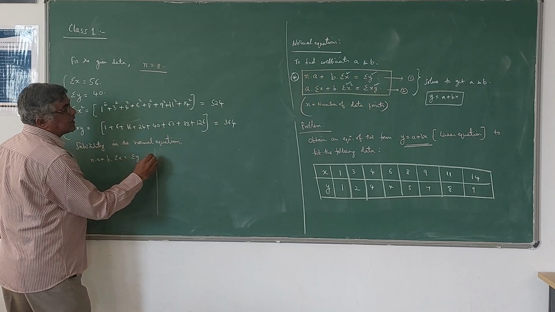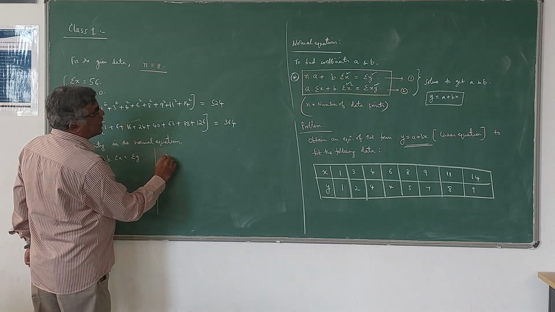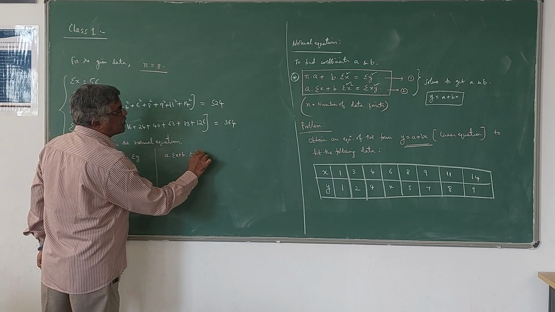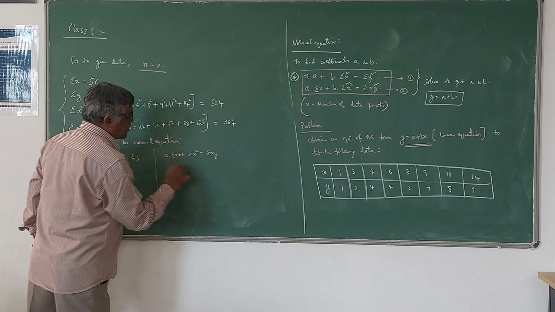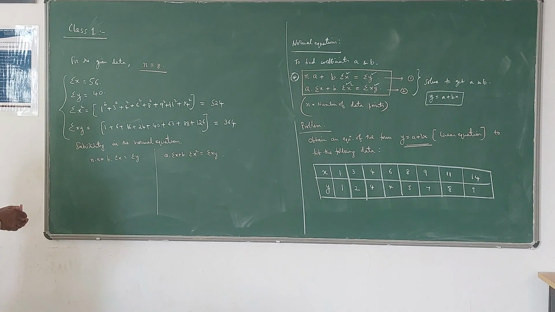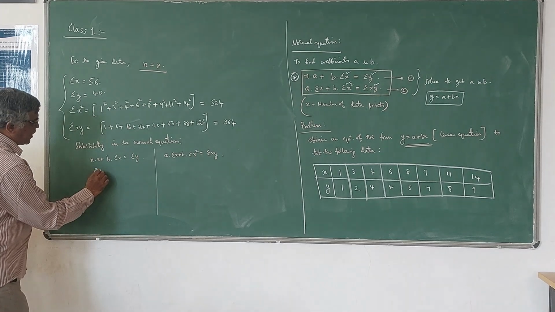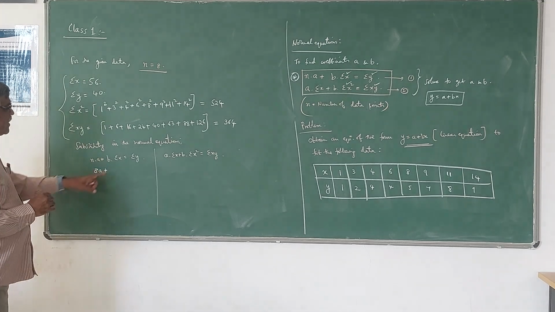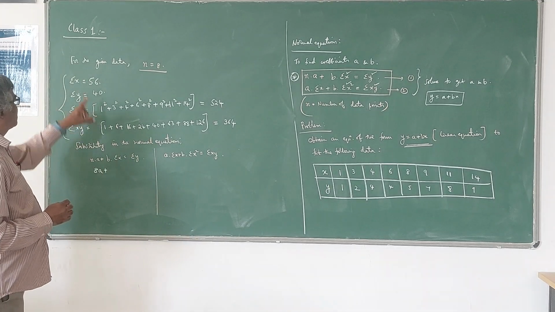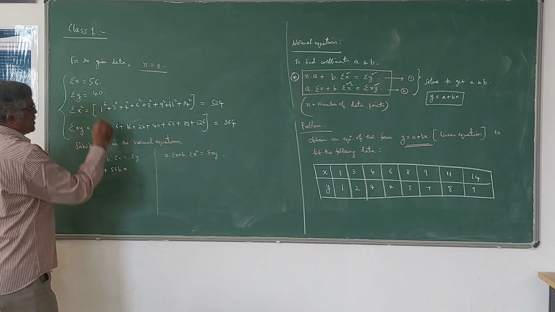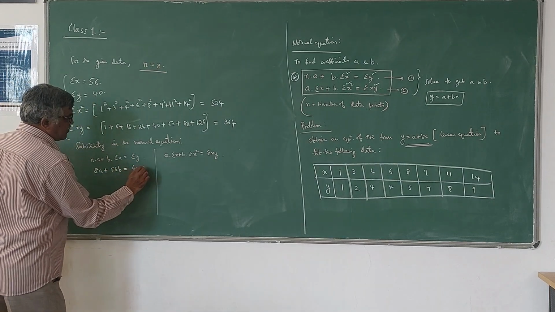The second equation is a into sigma x plus b into sigma x square is equal to sigma xy. So you have to remember these two equations. So n into a, n is 8 here, 8a. A and b are unknowns now; we are finding a and b. Plus sigma x into b, sigma x is 56, so 56b is equal to sigma y, which is 40. So this is the first equation.